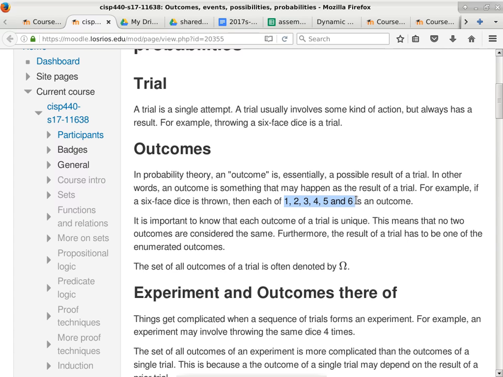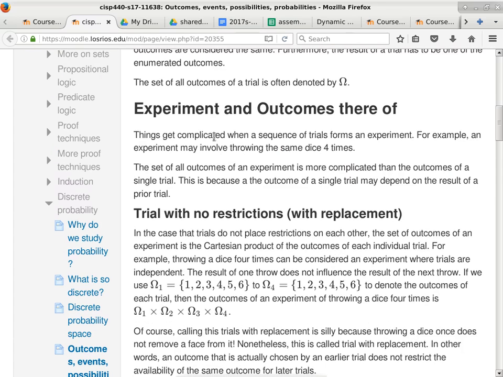So are there any questions about the relationship between a trial and an outcome? A trial is the action, an outcome is a possibility of a trial, the result of a trial. Is that okay? Okay. So then we talk about an experiment. An experiment is essentially a sequence of trials.